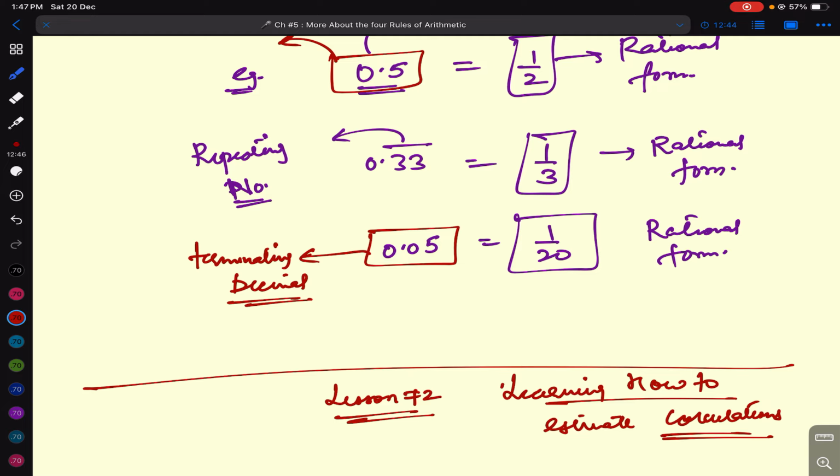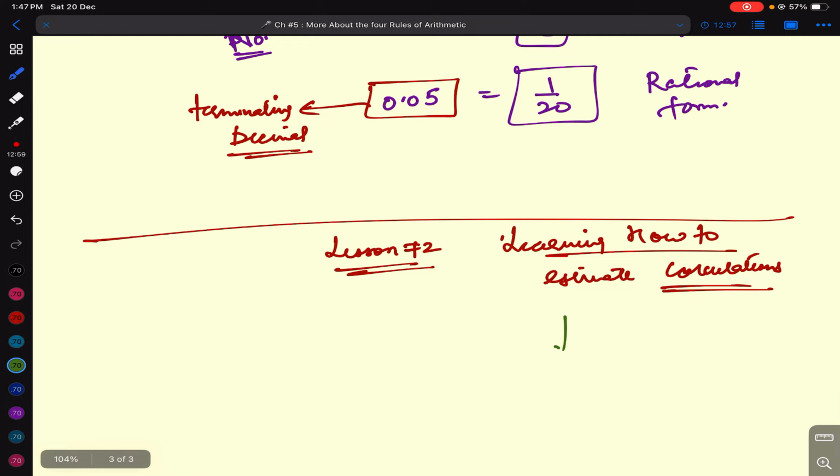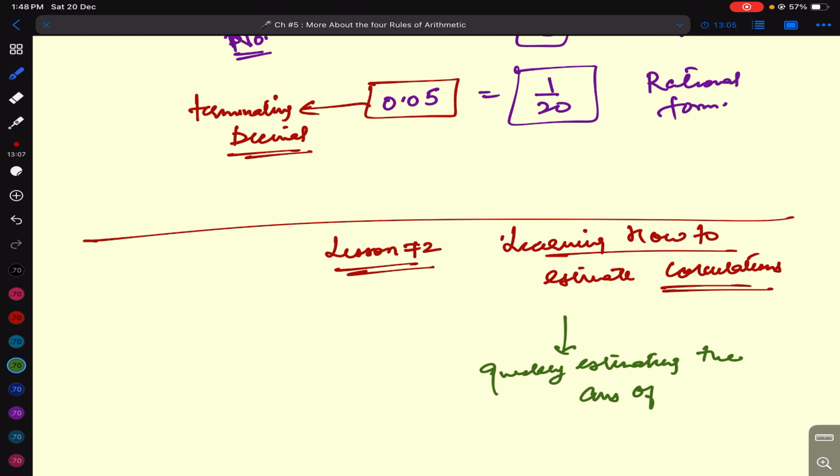Now which calculations am I talking about? When I'm talking about the estimation of the calculation here, what I mean to say is we are trying to quickly estimate the answer of an expression.